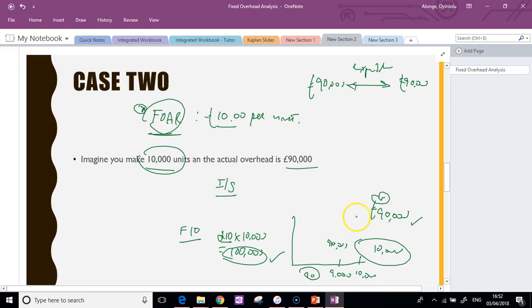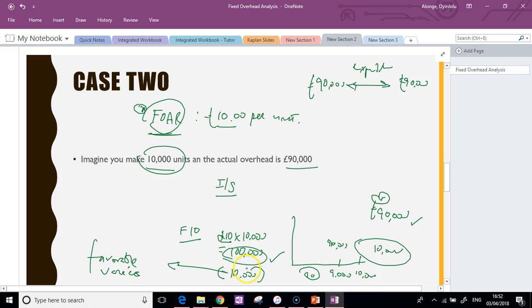Remember, we did that earlier on, some time ago? So what we then do is adjust your income statement. Because we're reducing the income statement by £10,000, and because we're reducing a cost, it's a favorable variance.